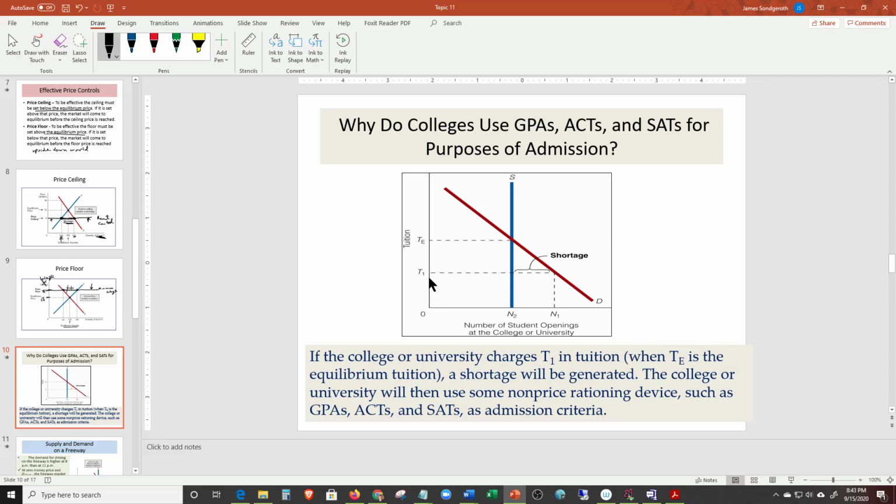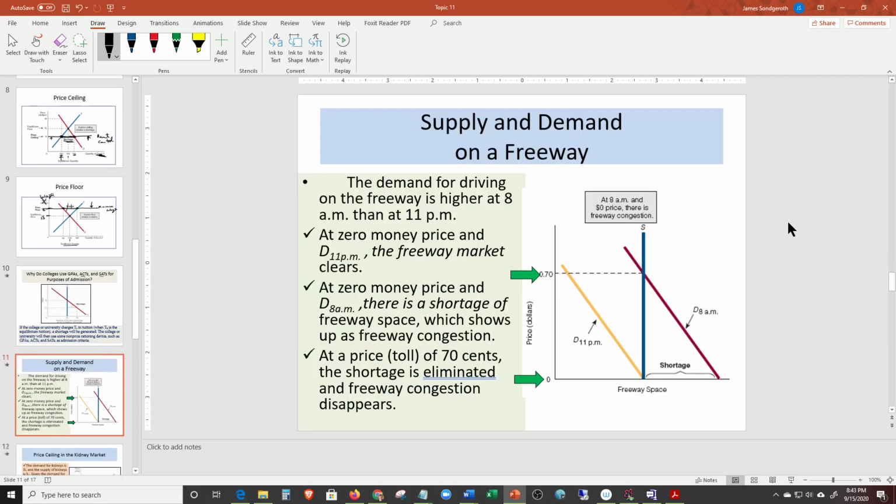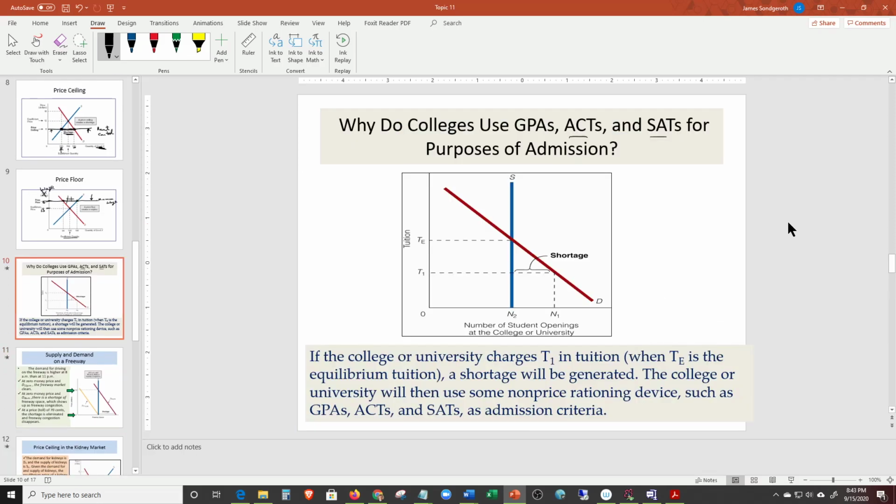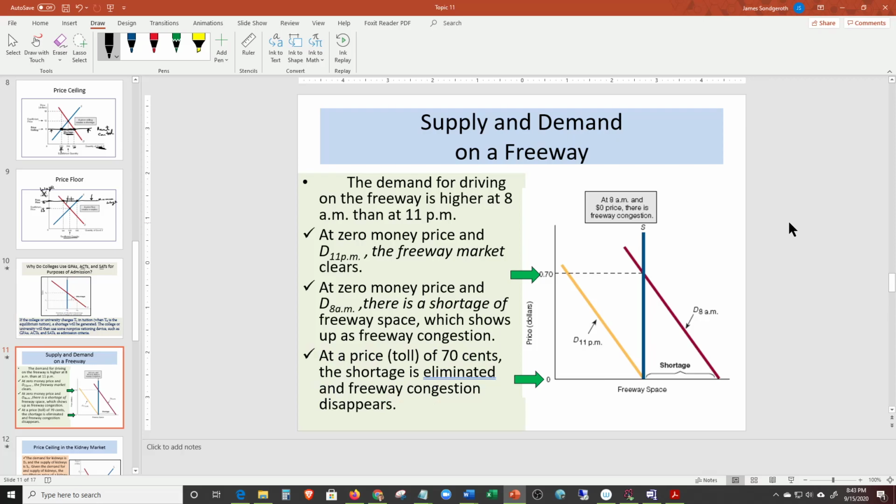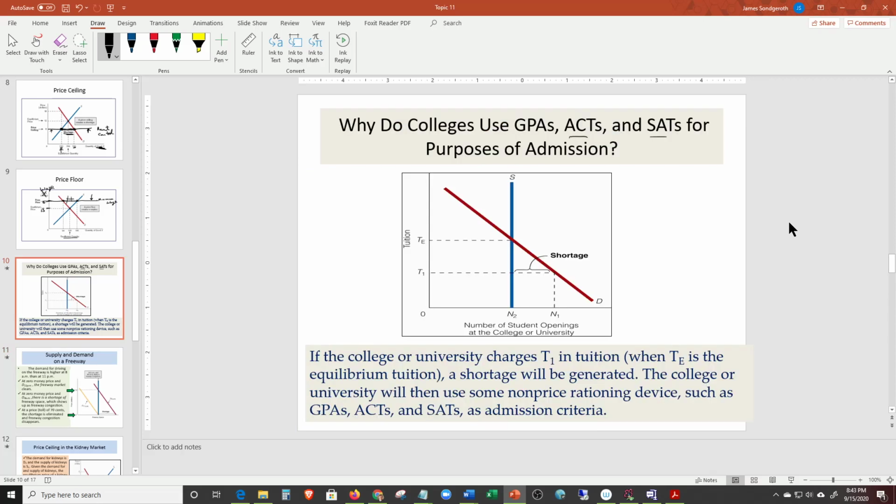So they use these tests to determine who gets in and who doesn't. Well, obviously they've relaxed that, and they use other things too, like historically underrepresented.